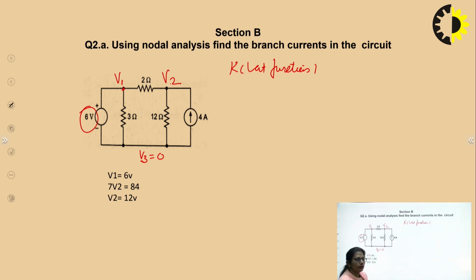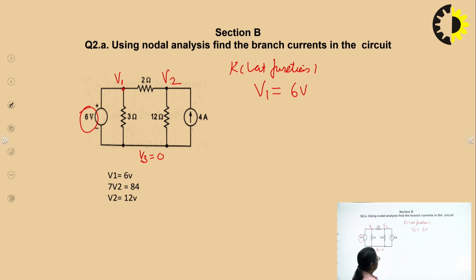So I need not write even the KCL equation for this junction; I directly know that the voltage at junction 1 is 6 volts. If this had not been a voltage source, but a current source or a resistance, then I would need to apply KCL at this junction, like we are going to do for junction 2.